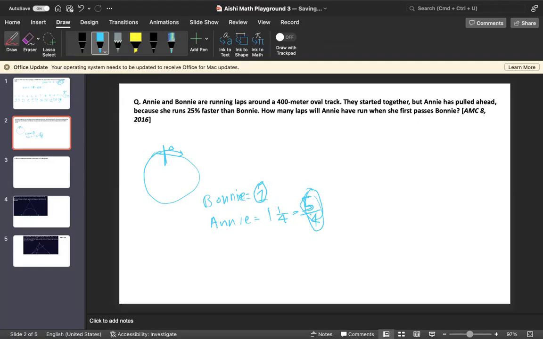Since the denominator is 4, we're going to multiply by 4. So by the time Bonnie has run 4 laps, Annie has run 5. So that's your answer: 5.